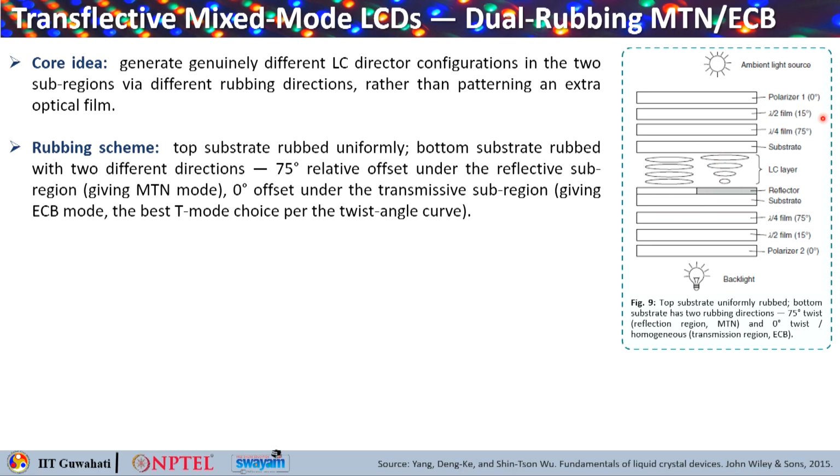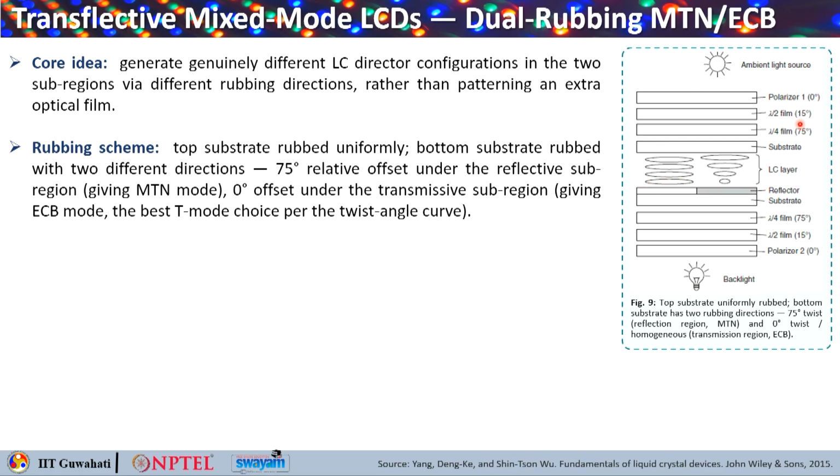You see there is this top substrate here, which is uniformly rubbed. However, the bottom substrate has two different rubbing directions. One is a 75-degree twist for the reflective region where MTN will be there, and 0-degree twist, or homogeneous, for the transmission region, which is the ECB, electrically controlled birefringence.